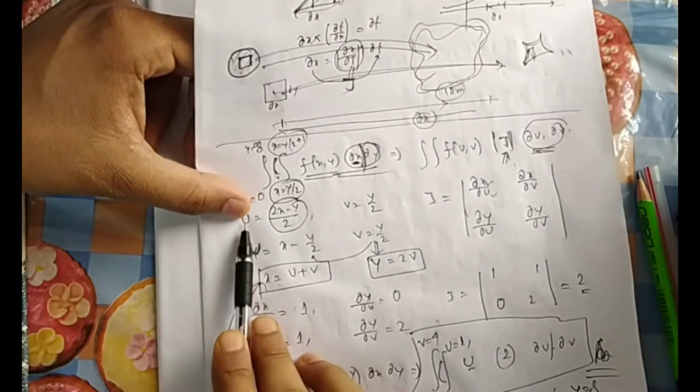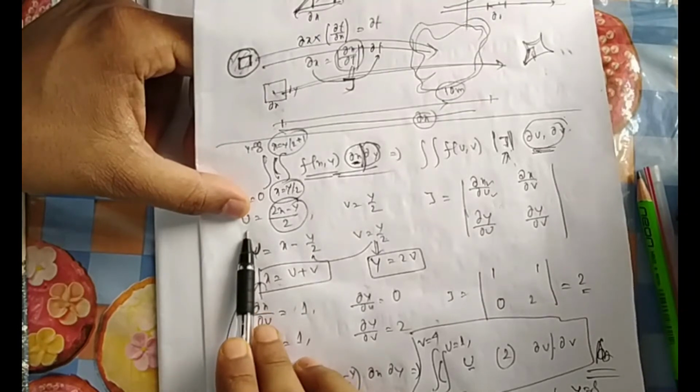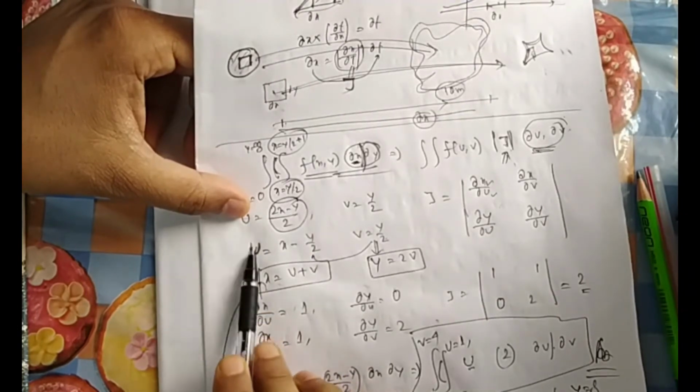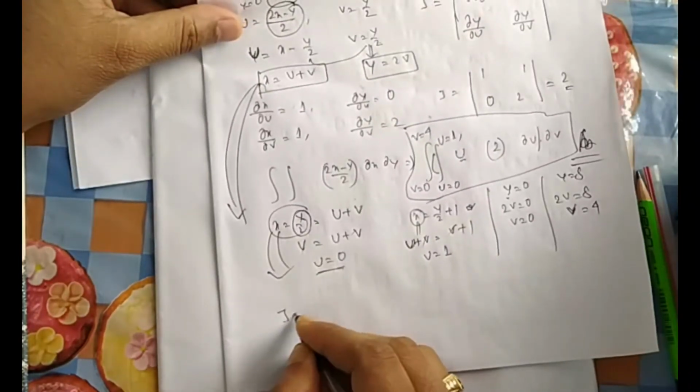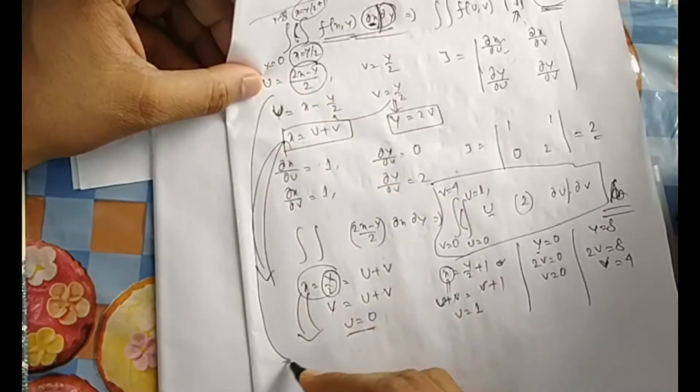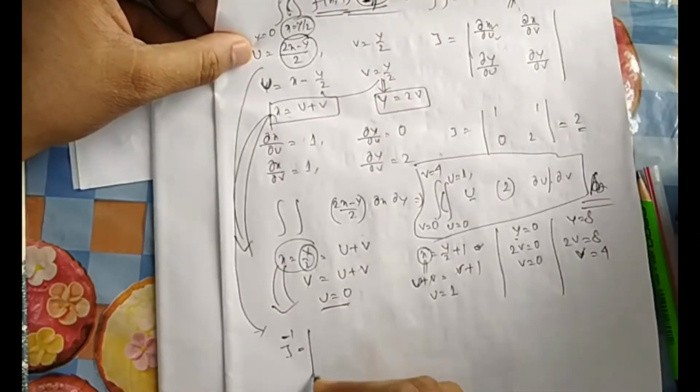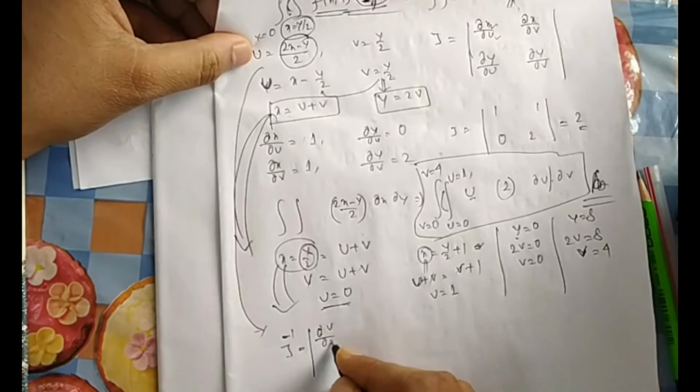We could have done du dx, du dy, and then du dv. You could have done that, and then this is just the reverse one. Let me show you that one. Suppose I am not changing this one. I directly differentiate this one. So what will I do? It is the inverse of this.